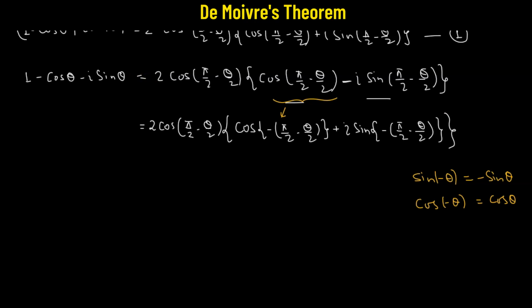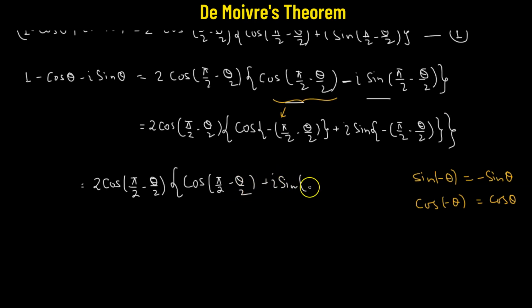The whole idea of doing this is that now we can apply De Moivre's theorem. This can be rewritten as 2 times cosine of (pi over 2 minus theta over 2) multiplied to (cosine of (pi over 2 minus theta over 2) plus iota times sine of (pi over 2 minus theta over 2)) whole raised to the power of negative 1. Now we raise both sides to the power of n.